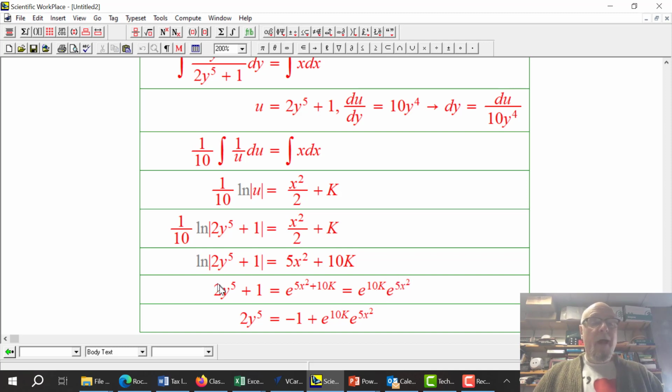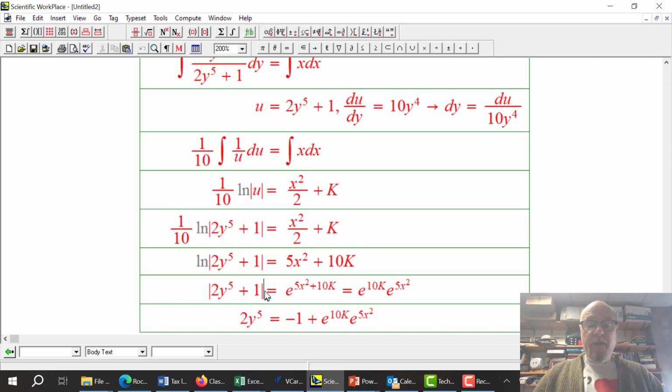And I did lose my absolute value bars here. I'm going to account for that later. Let's put them in, because I'm not sure if that thing inside the ln was positive or negative. And I'll never know because I don't have any initial condition.